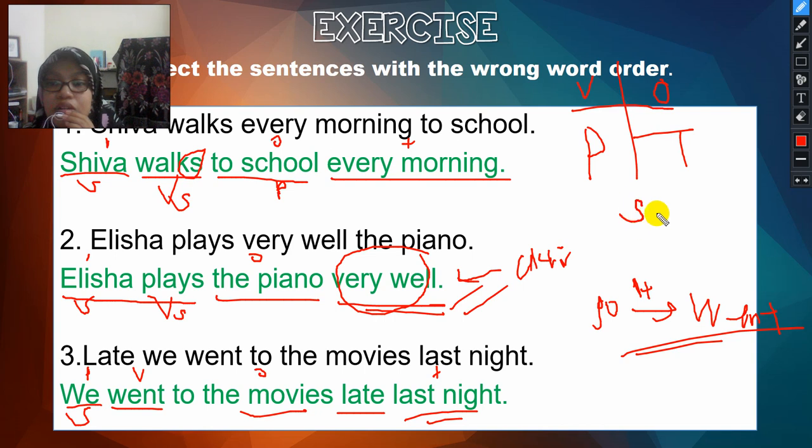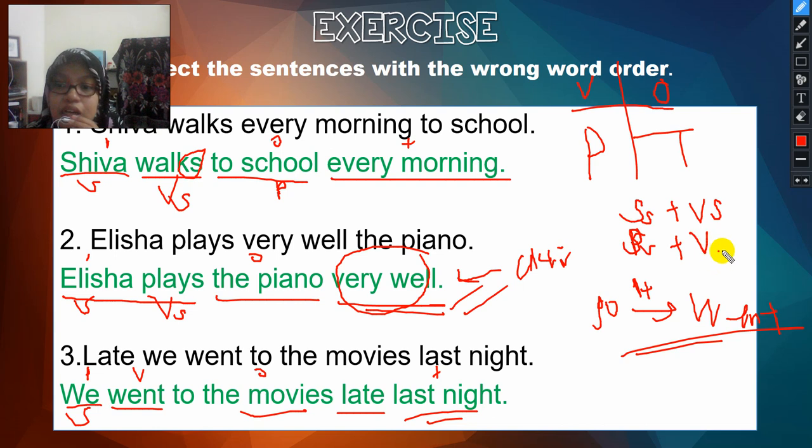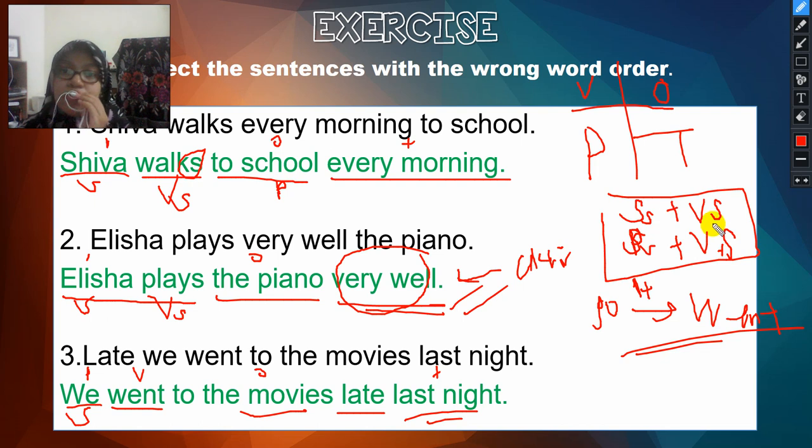Bila singular subject, dia punya verb kena ada S. Kalau plural subject, dia punya verb dia tak ada S. Okay, so please remember. Okay, so that's all for our video today.